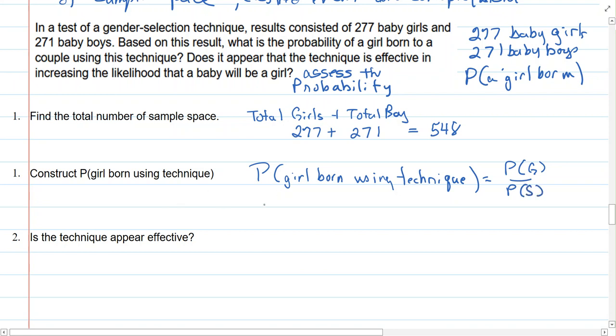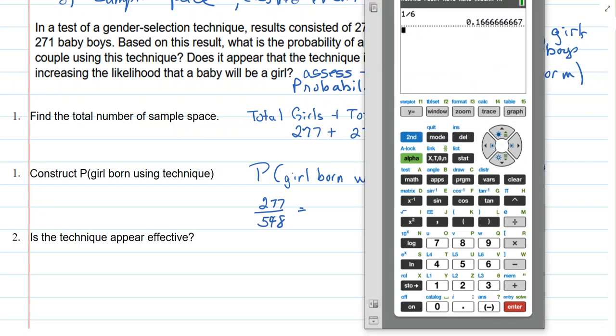So we have 277 over the sample space of 548. Let's do our ratio: 277 divided by 548, and we get this number.